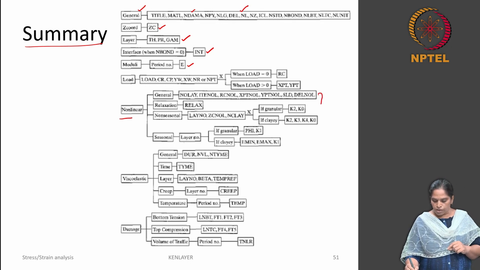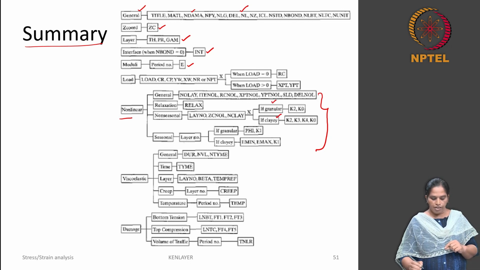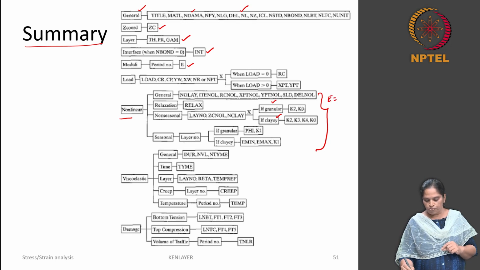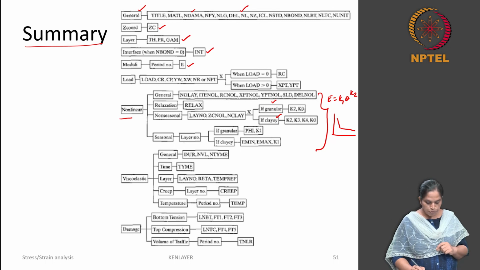So for determination of the modulus value at a particular depth, we define whether it is a granular layer or a clayey layer. If it is a granular layer, we give the modulus as a function of k1 theta to the power k2, and if it is a clayey layer, we assume a two-slope function, and from the two-slope function we determine the modulus value.